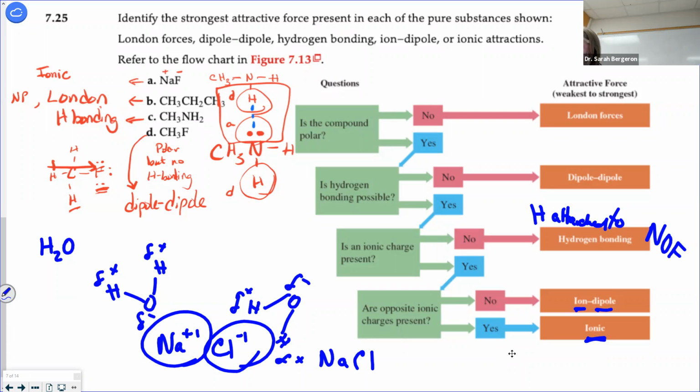That's hydrogen bonding, but by definition, hydrogen bonding is a type of dipole-dipole interaction. Water can undergo dipole-dipole interaction, right? There's a dipole in water, so water can interact with water, absolutely. But it's a very strong interaction. So we call hydrogen bonding a type of dipole-dipole. It's the strongest type of dipole-dipole interaction. Okay, and then what is the very weakest one? London forces. What has London force attractions?